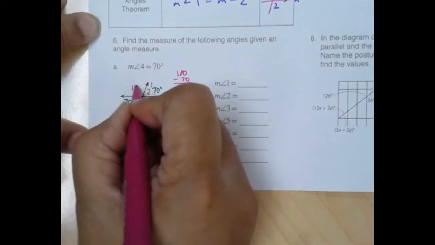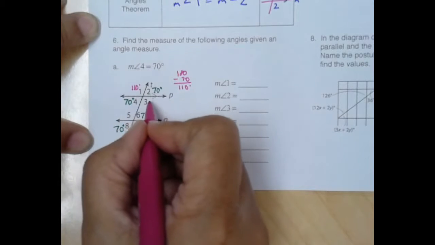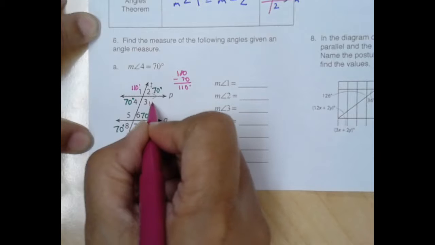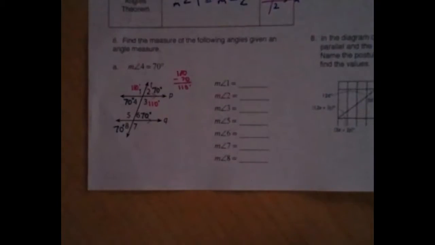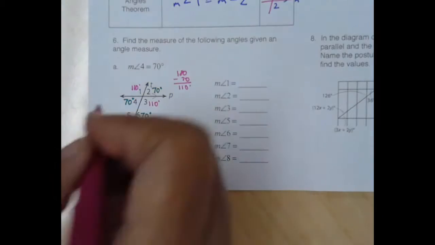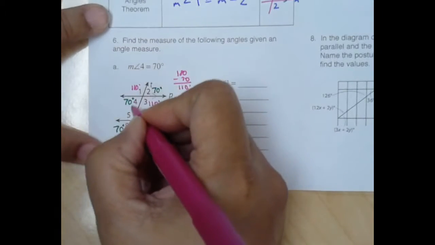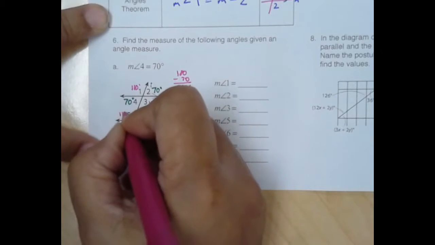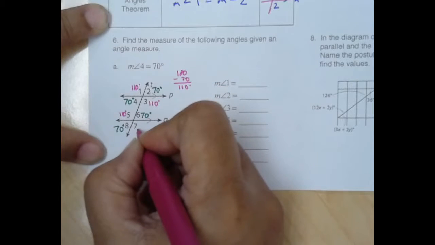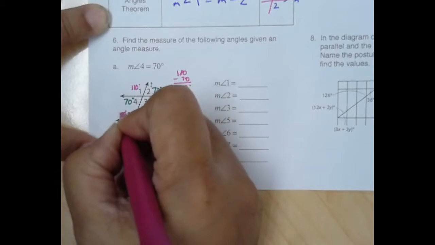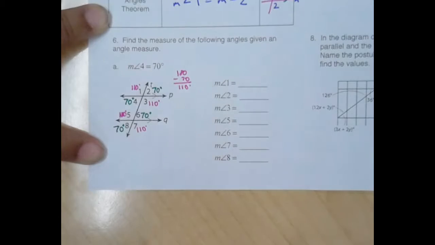So this is 110, which means this vertical angle down here is also 110. That means down here is also 110, and down here is also 110. So these are all 110 degrees. Okay, let's go ahead and fill out the information here.